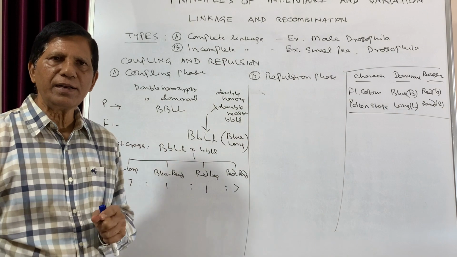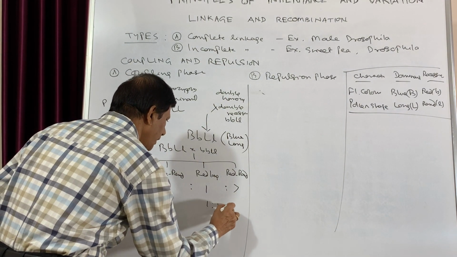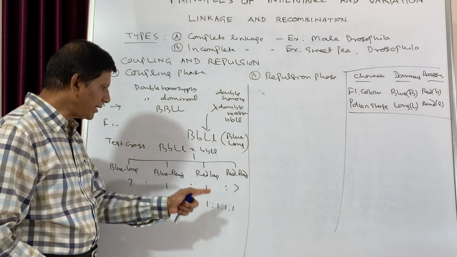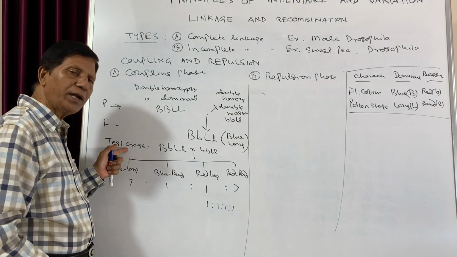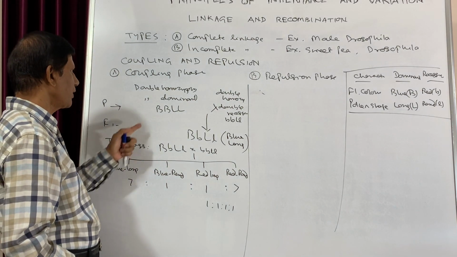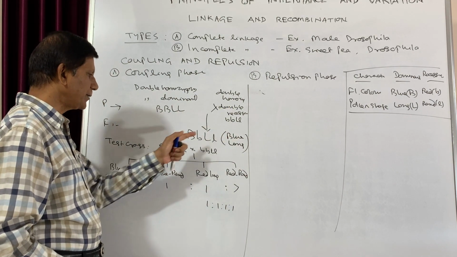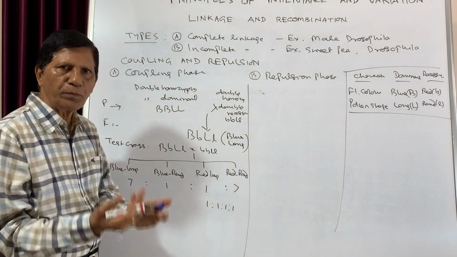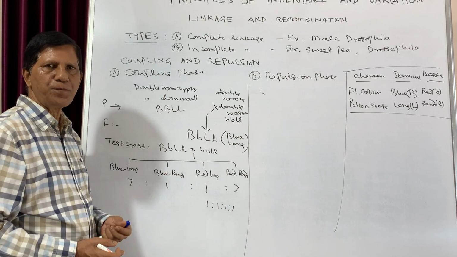Whereas in Mendel's test cross, we usually get the ratio of 1:1:1:1, that in all four types, both parental types and recombinants, are obtained in equal proportion. But in this test cross, the parents are blue long and red round, and the parental characters appear in a greater proportion, while the recombinants come in a lesser proportion, 1:1.